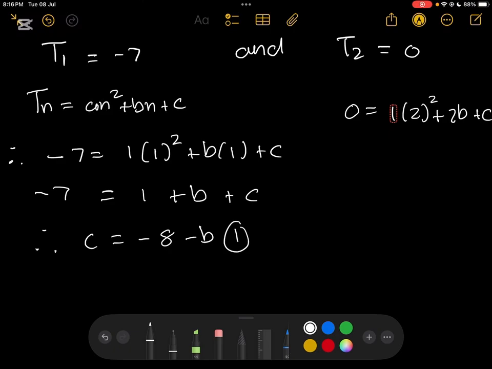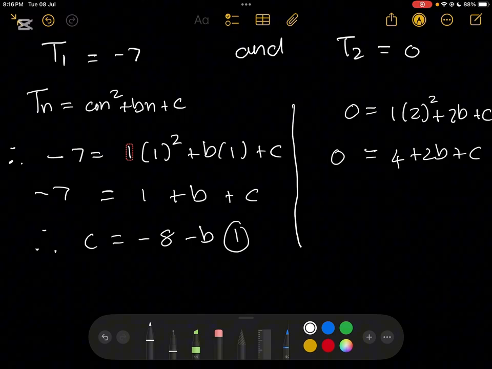If I simplify this, I get 4 plus 2b plus c is equal to 0. Therefore, I'll substitute c. We had an expression for c, which is -8 minus b.